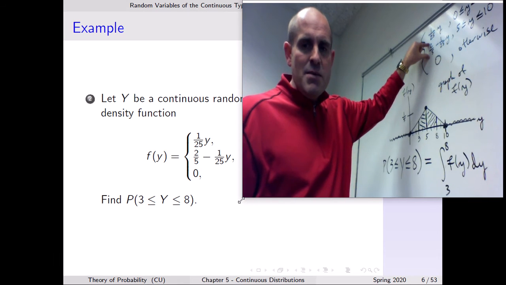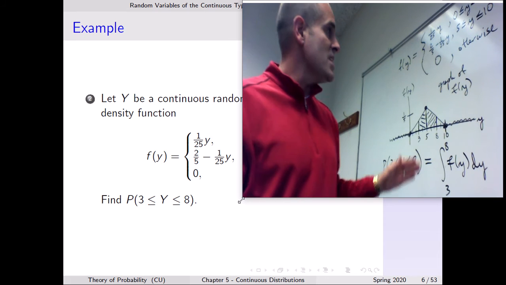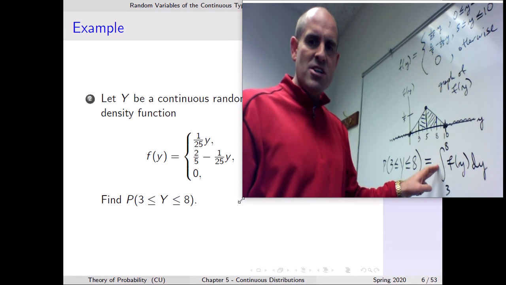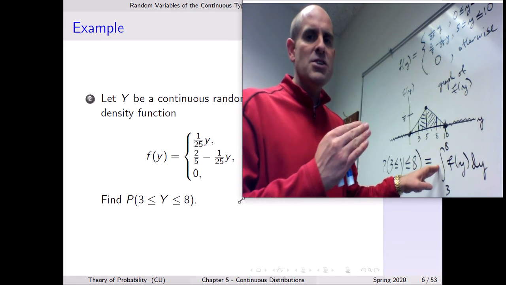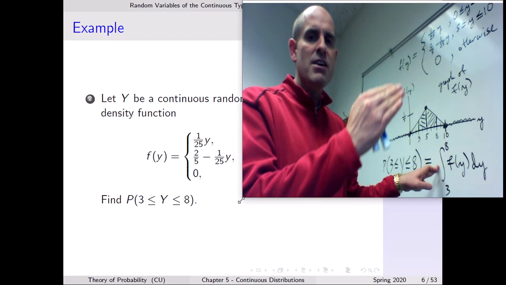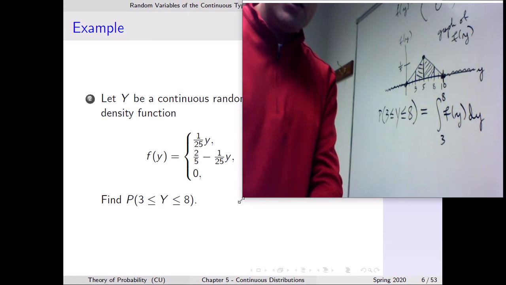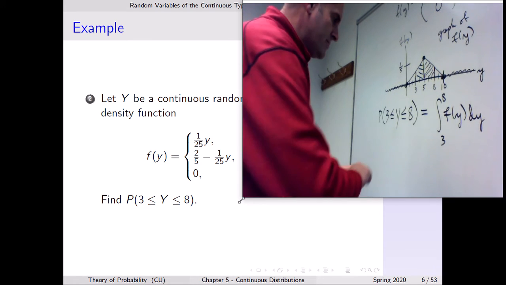Okay, so that makes things a little bit trickier, but all that means is that I basically need to break up this integral at 5 and do it in a sequence of 2 integrals, from 3 to 5 and then from 5 to 8. All right, so here we go.